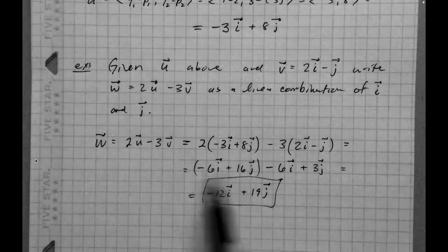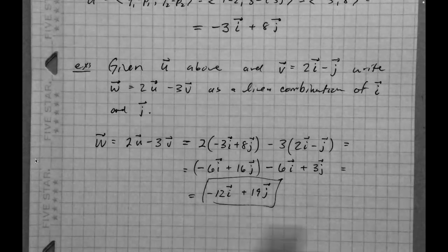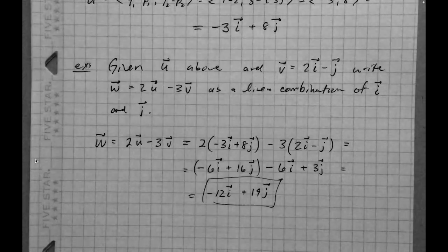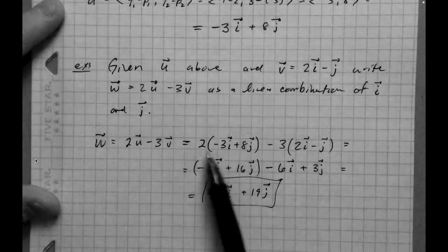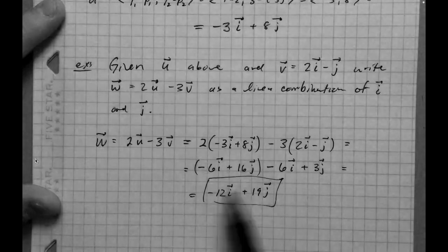Now, it's also possible to convert all of this back into regular components without standard unit vectors, combine them that way, and then rewrite them as standard unit vectors. But I think the point in doing it this way is to see that it works the same way.